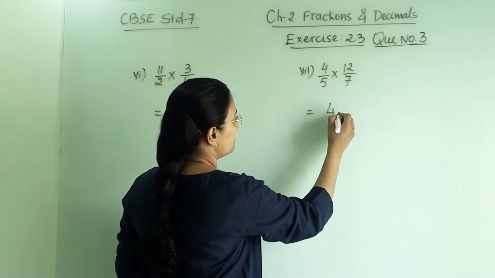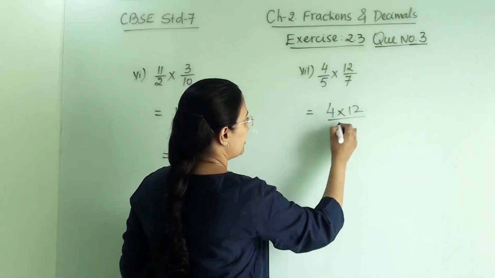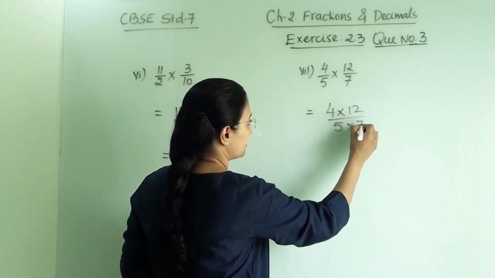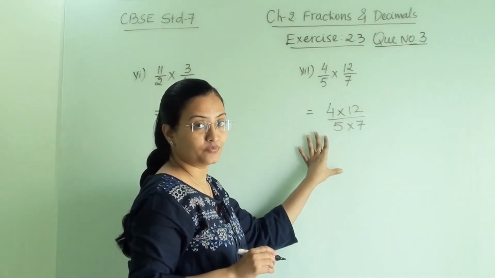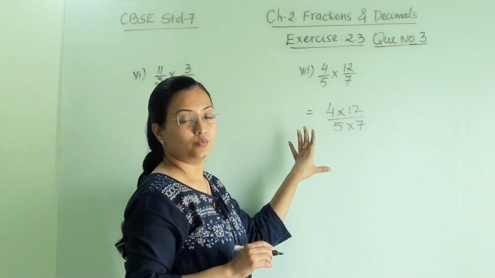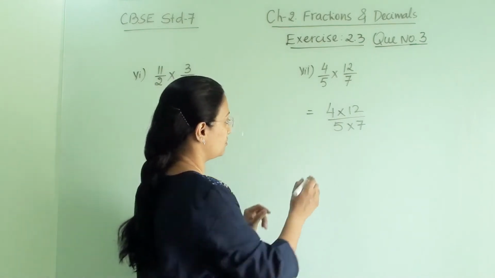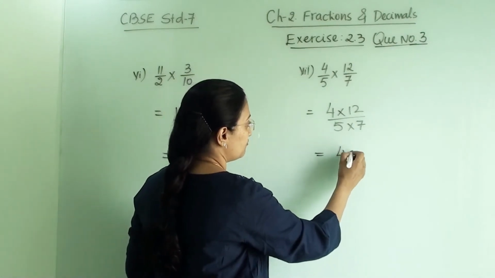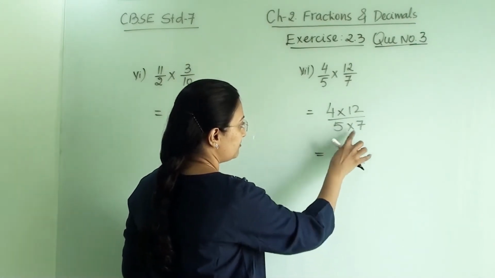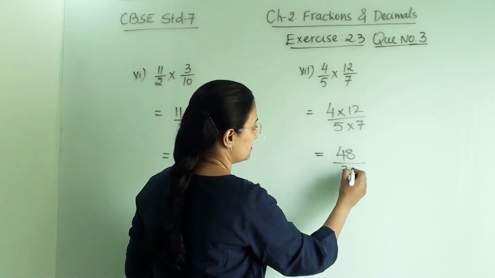So 4 into 12 divided by 5 into 7. Can we reduce anything from denominator and numerator? No. You always have to check whether you can reduce anything or not. So here 4 into 12 is going to be 48 divided by 5 into 7 is 35.